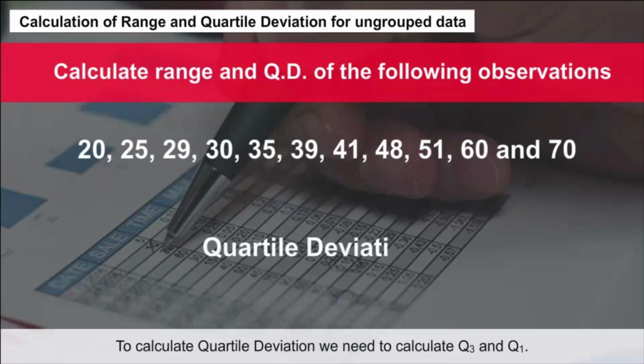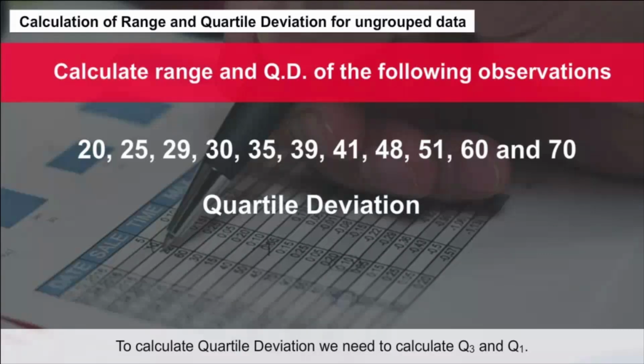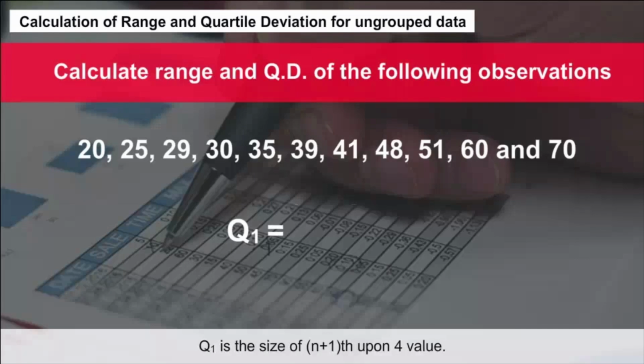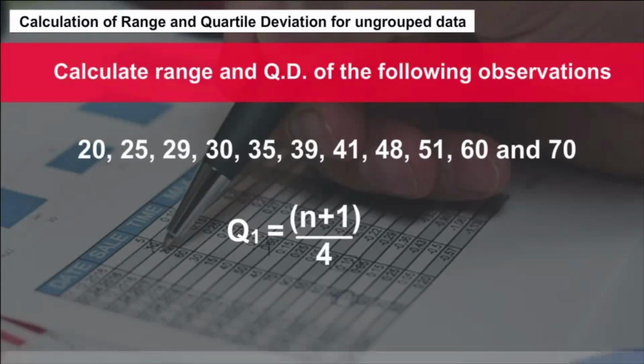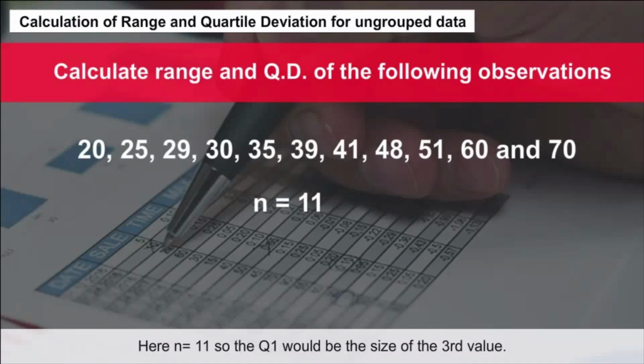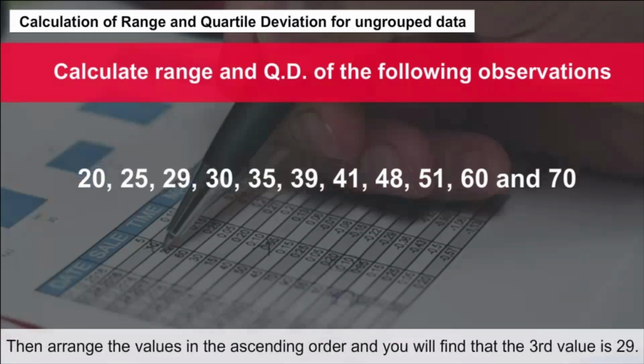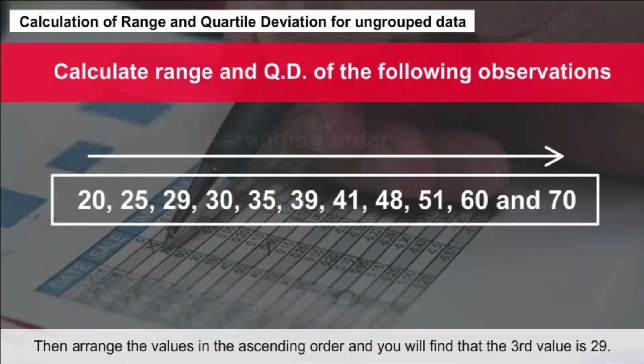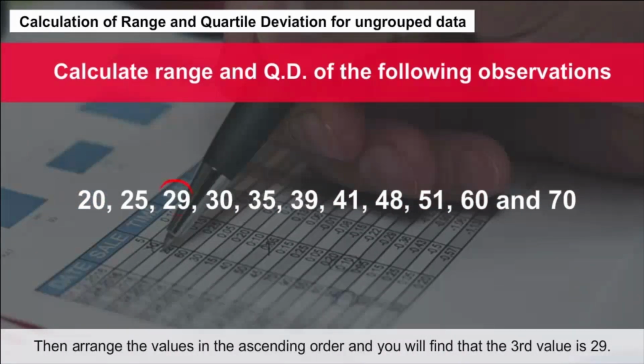To calculate quartile deviation, we need to calculate Q3 and Q1. Q1 is the size of (n plus 1)th upon 4 value. Here n is equal to 11. So, Q1 would be the size of the third value. Arrange the values in ascending order and you will find that the third value is 29.